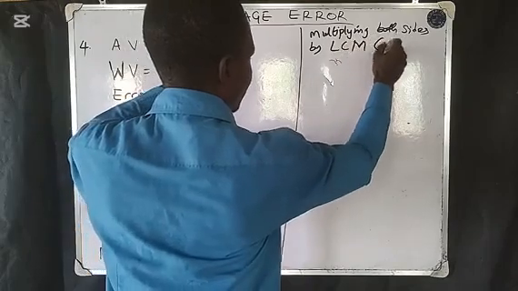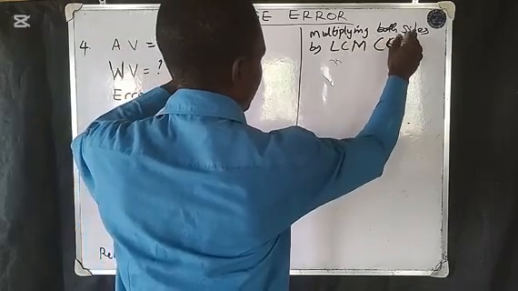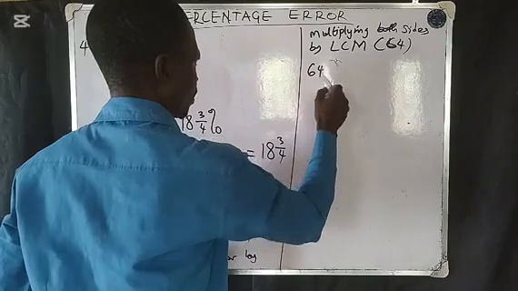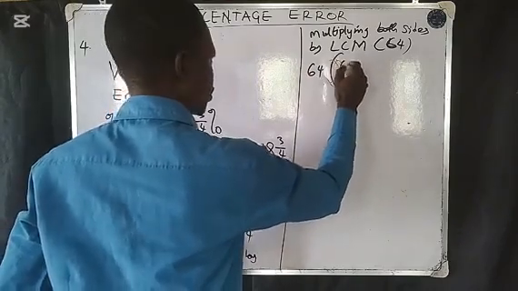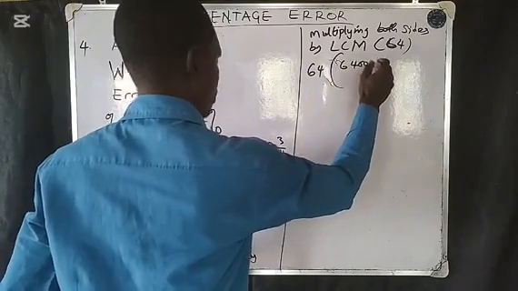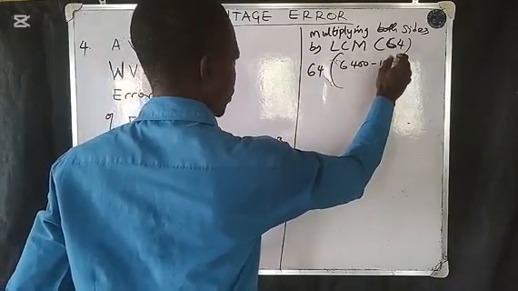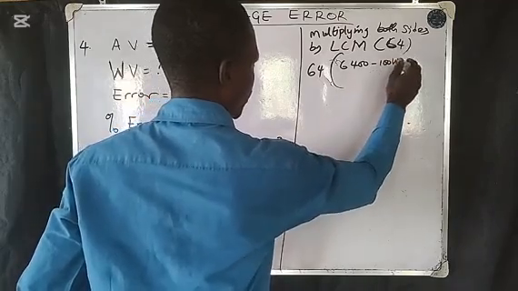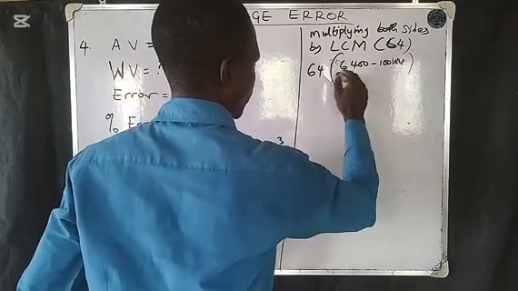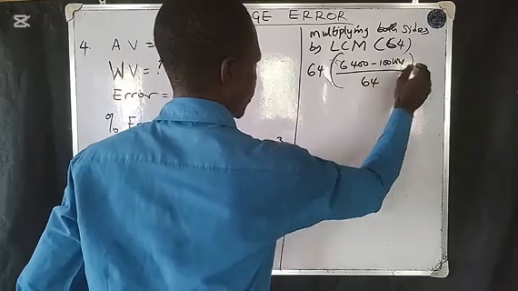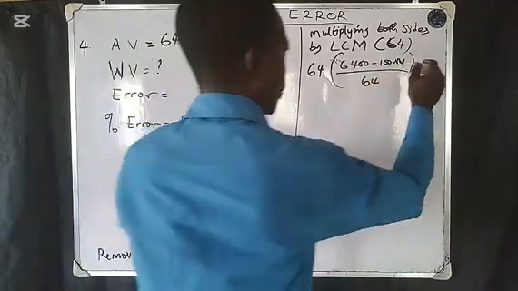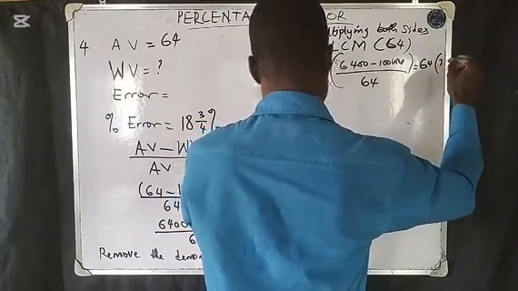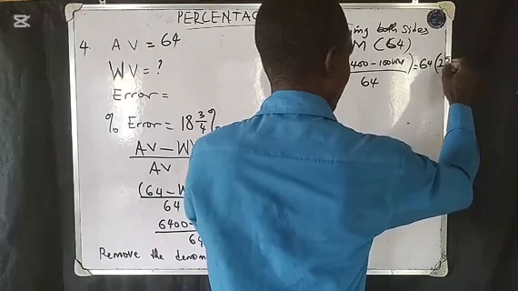And what's the LCM? 64. So we multiply this one by 64. Write 64. Yes. 6400 minus 100 wrong value over 64 equals to 64 over 75 over 4.